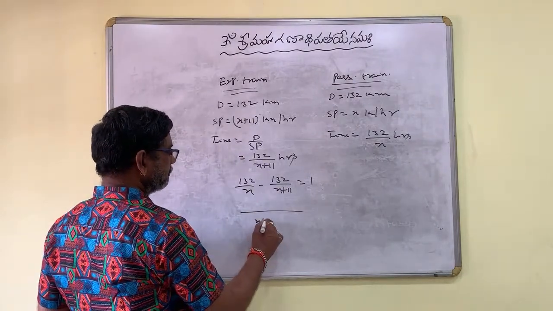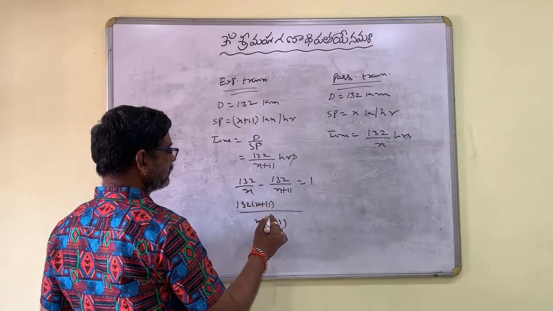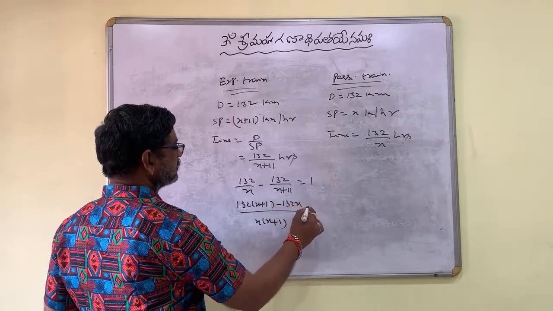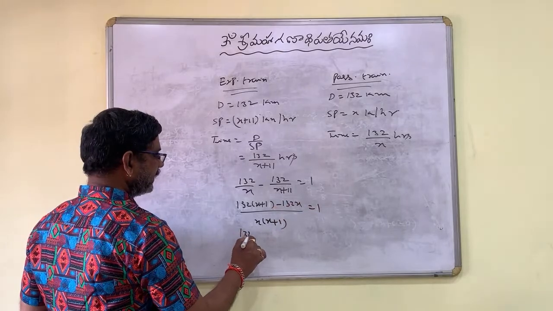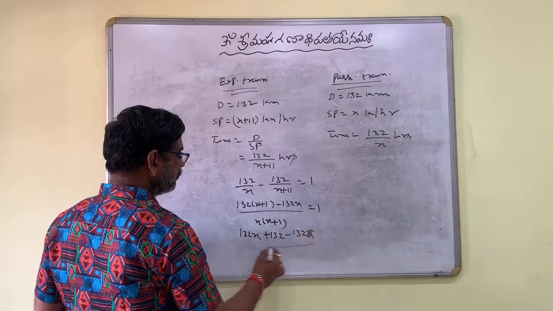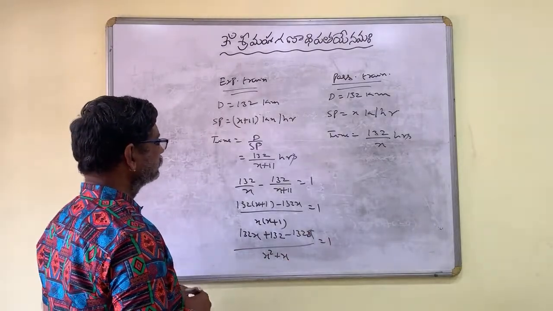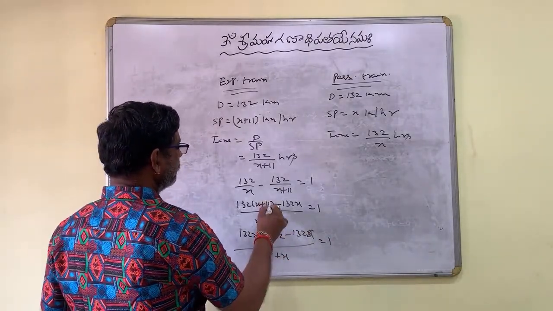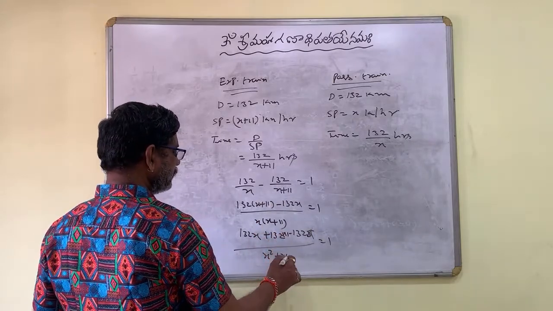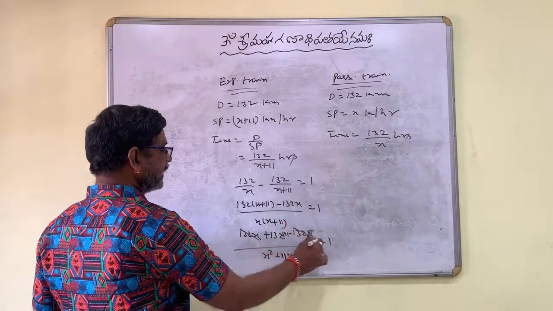Now simplify it. Take LCM. So 132 into x plus 11, minus 132x, is equal to 1. 132x plus 132 into 11 minus 132x by x square plus 11x is equal to 1. The 132x gets cancelled.